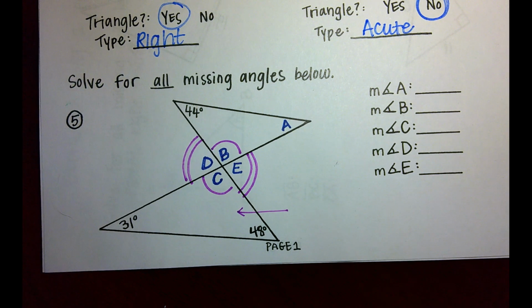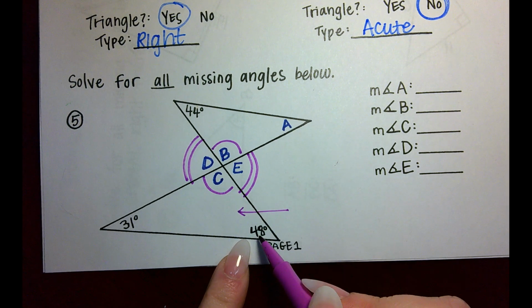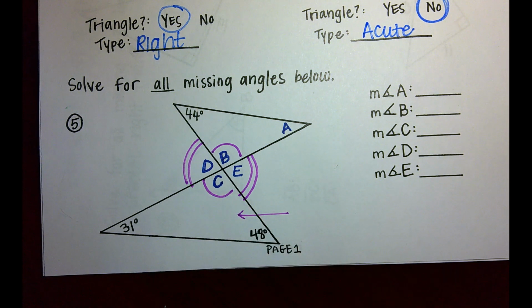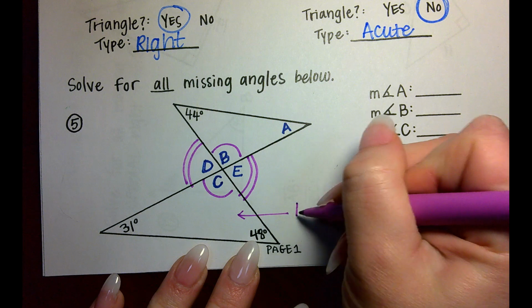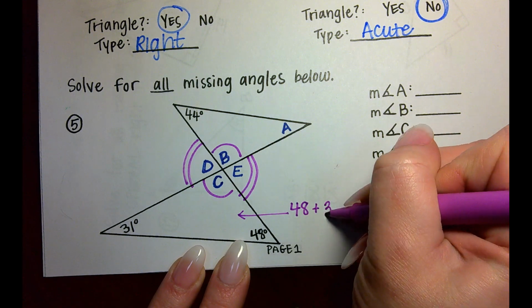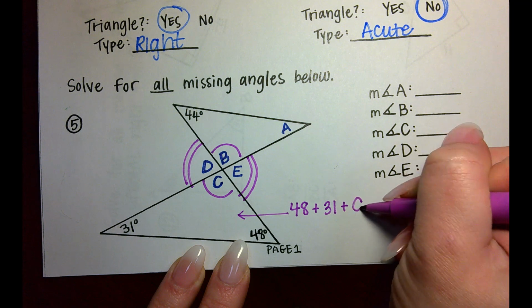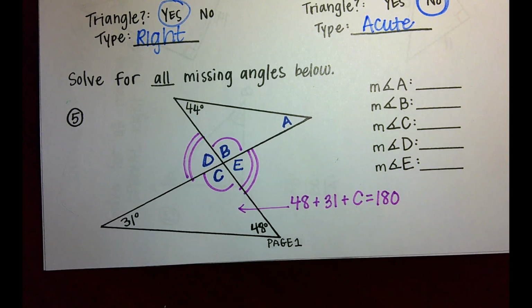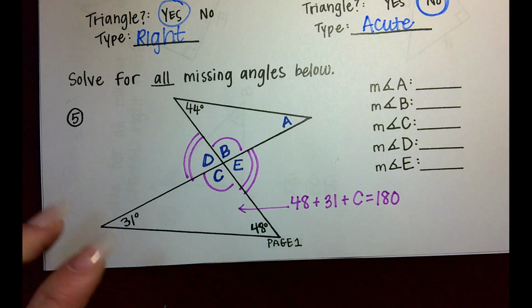That's the shortcut of the long-winded version where we say, 48 plus 31 plus whatever C is must be equal to 180 degrees. So let me write that. 48 plus 31 plus C equals 180. And then you're just solving for C.